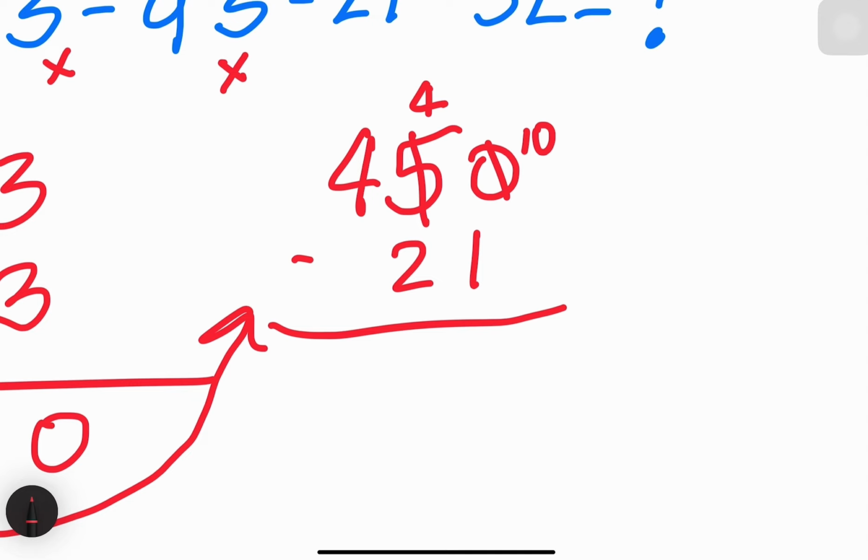I need to take that sugar, and I'm going to leave that one less in my tens place, which becomes a 4. Okay, so I know that 10 minus 1 is 9. And I know that 4 minus 2 is 2. And I have 4 minus nothing, which makes 4. So now I'm left with 429.